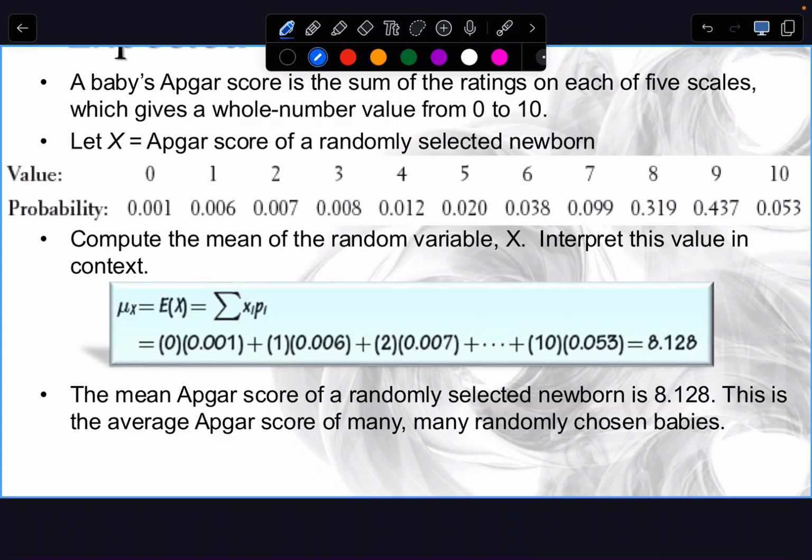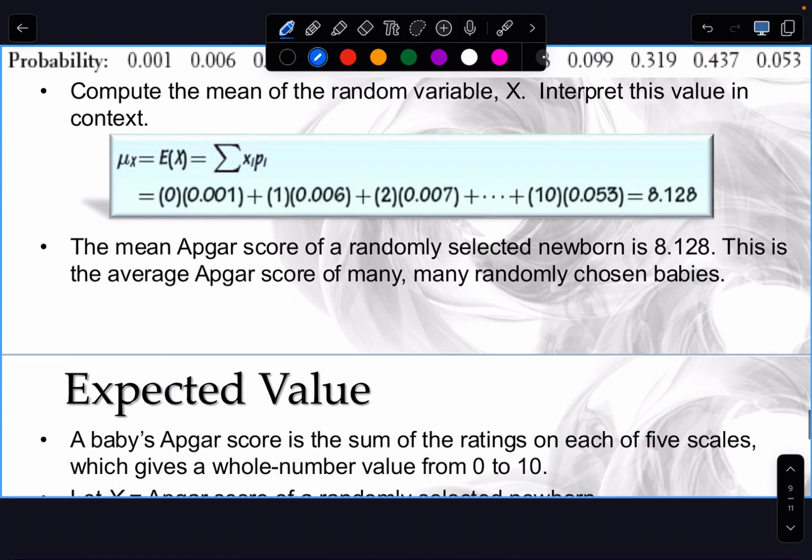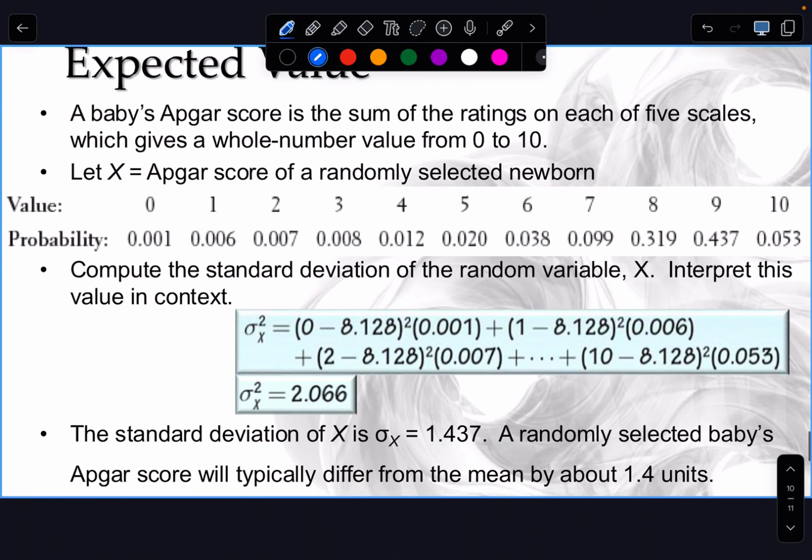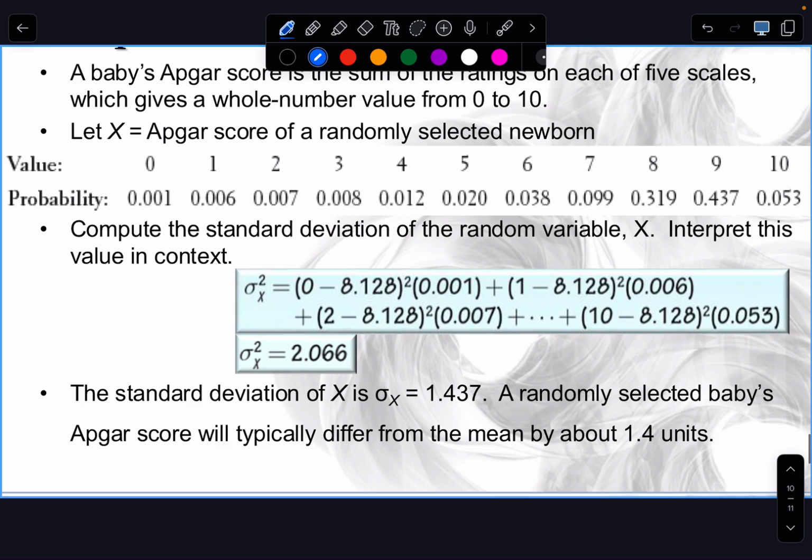So then once we have that mean value, we can then calculate our standard deviation. Using our formula, we take every value minus the mean, square the difference, multiply by the associated probability, and then add them all together. So we get a variance in this case of about 2.066. We then take the square root of that to get our standard deviation.